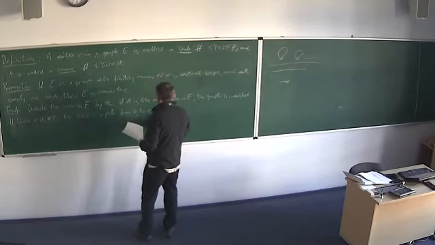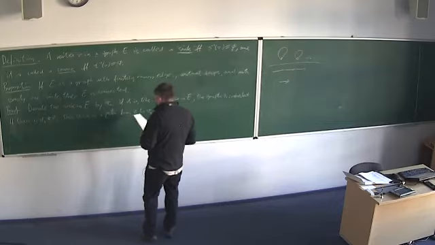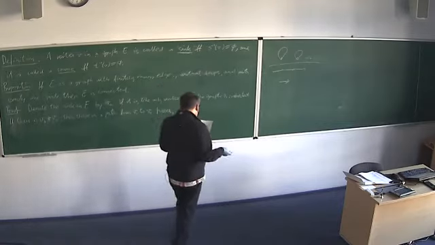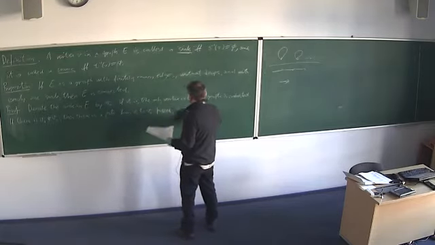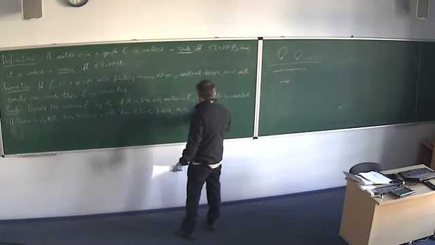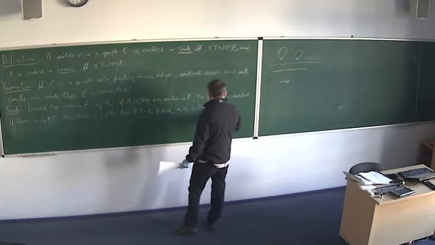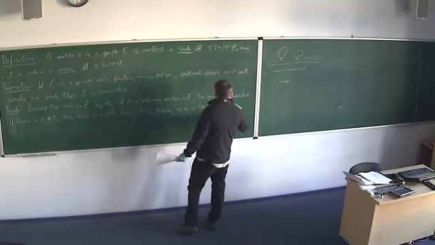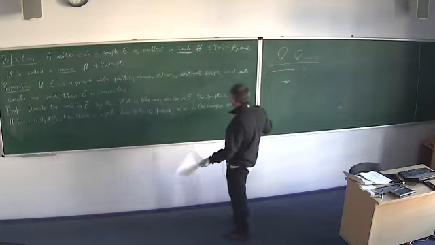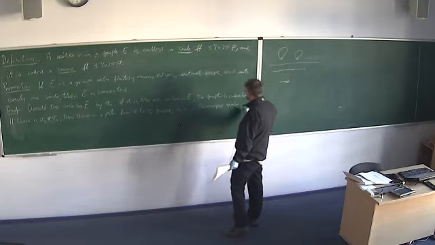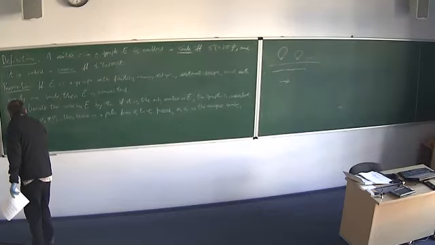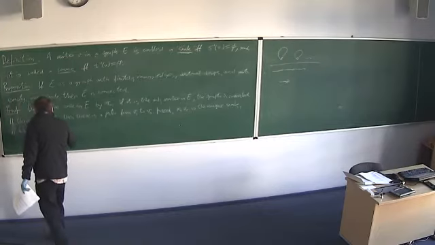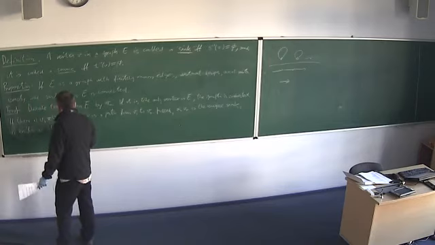Why? Well, indeed, as V0 is the unique sink, it means V1 is not a sink. It means that it must emit an edge. Call it E1.